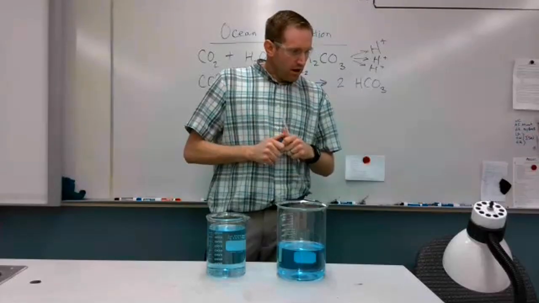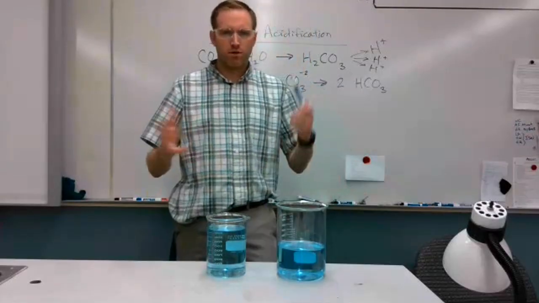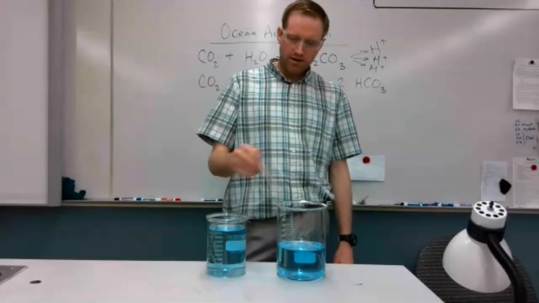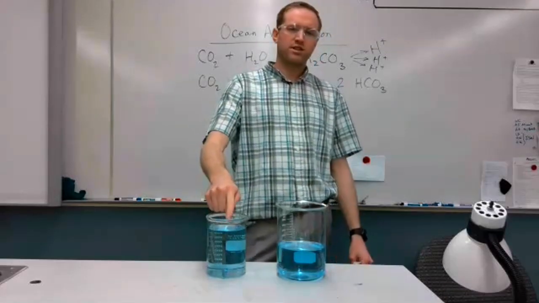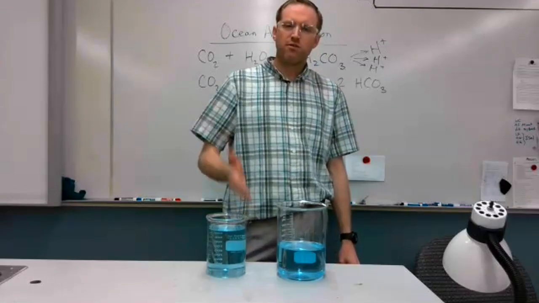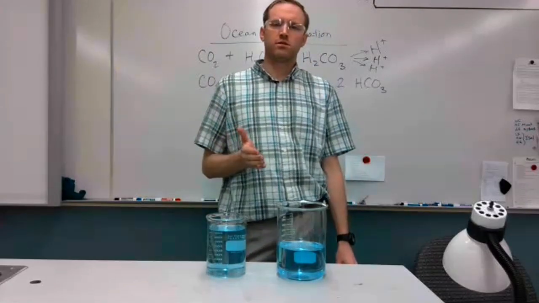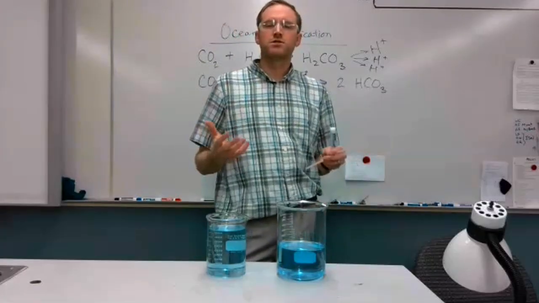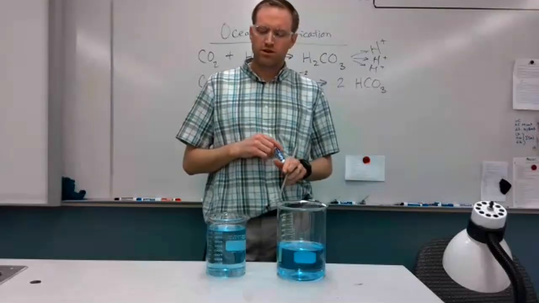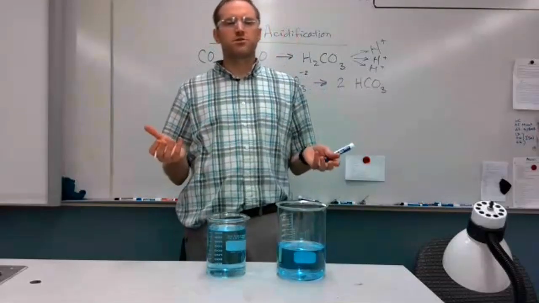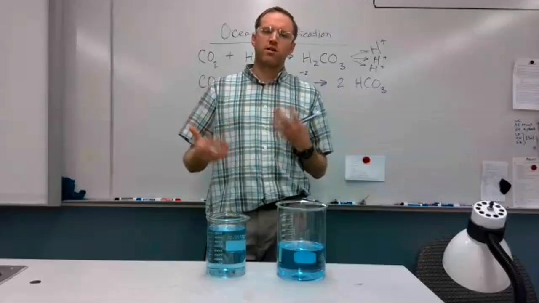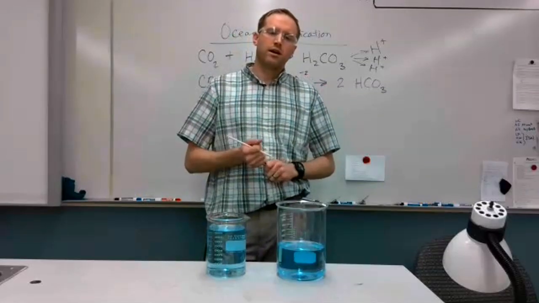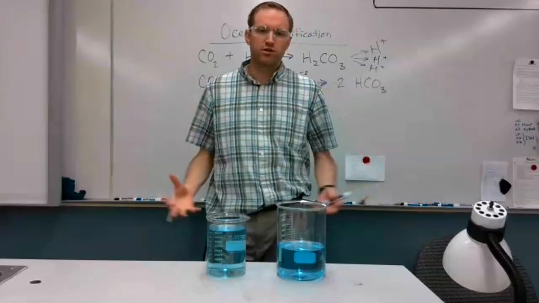Okay. Sorry about the blab here, I'm finally getting to the demo. Right here, I'm going to say that this beaker represents the oceans before the Industrial Revolution. There was a fair amount of carbon dioxide in the atmosphere back then, but not near as much as today, because we burn our fossil fuels, we drive our cars, we burn our coal, and we ship goods all around the world.